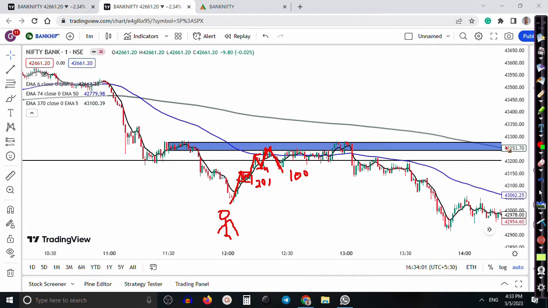Now you can see here, after that it goes again but is not able to break this high, again pulls back, goes a little bit sideways. We were looking for a price action method, which means we need a lower low, but price is not able to form a lower low.